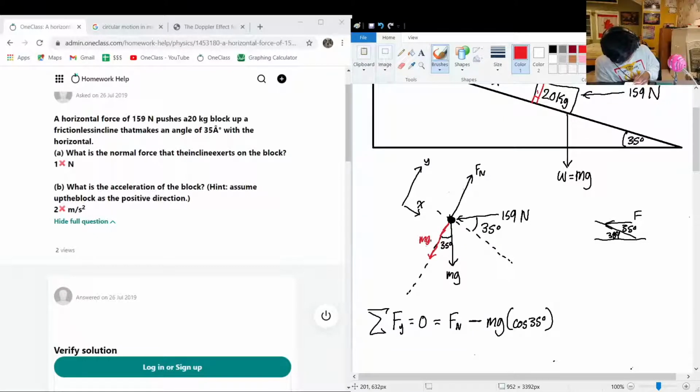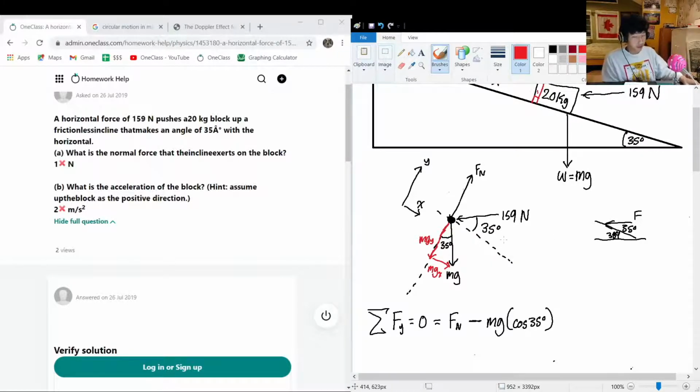So this is mgy and mgx. Okay, that's a little messy, I'll redraw that. You see the actual mg, we can break it into components, and the components are related to our tilted axes. So we only want the y component of the mg. To get that, we need to multiply in cos 35, which is about maybe 80% of it. Okay, and that seems fairly reasonable.